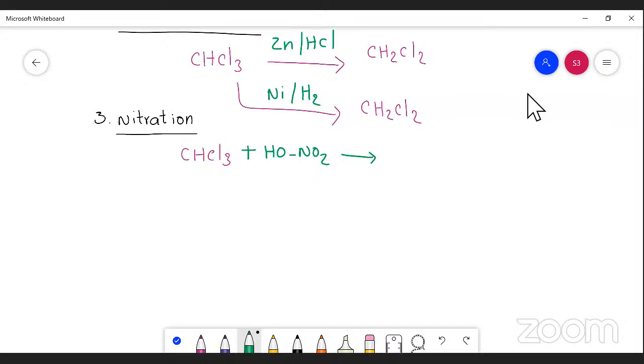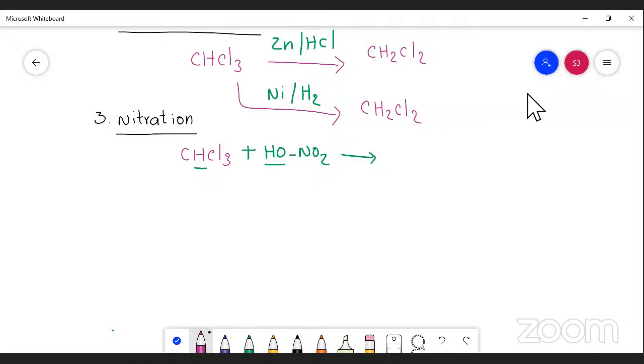Nitric acid splits into HO and NO2, and for this reaction we take that. The hydrogen from chloroform is removed along with the HO from nitric acid.